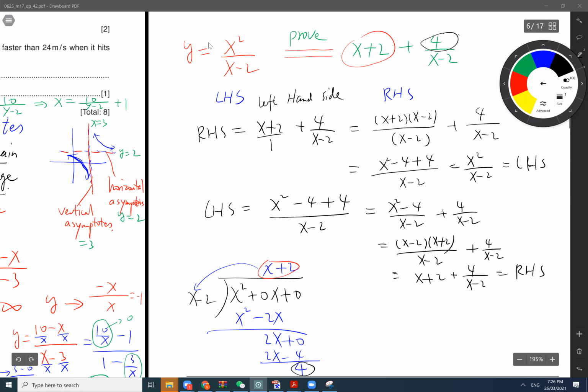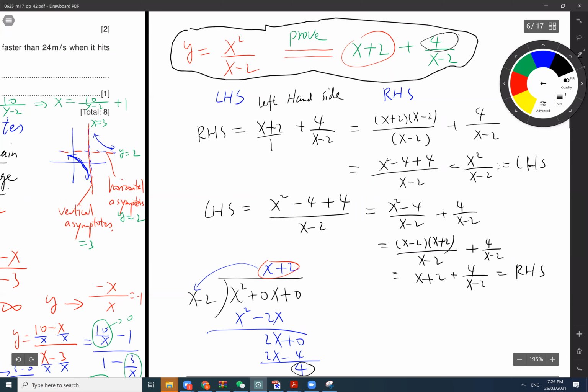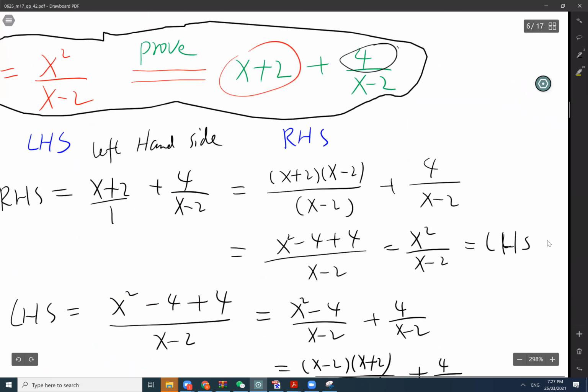Michael, any question about how we change this form? If x is very large, what happens?